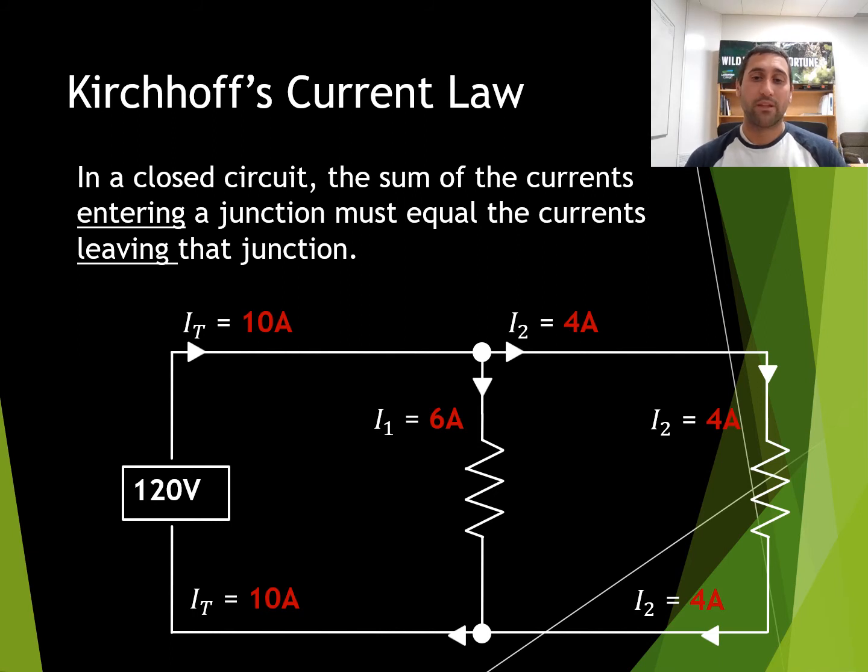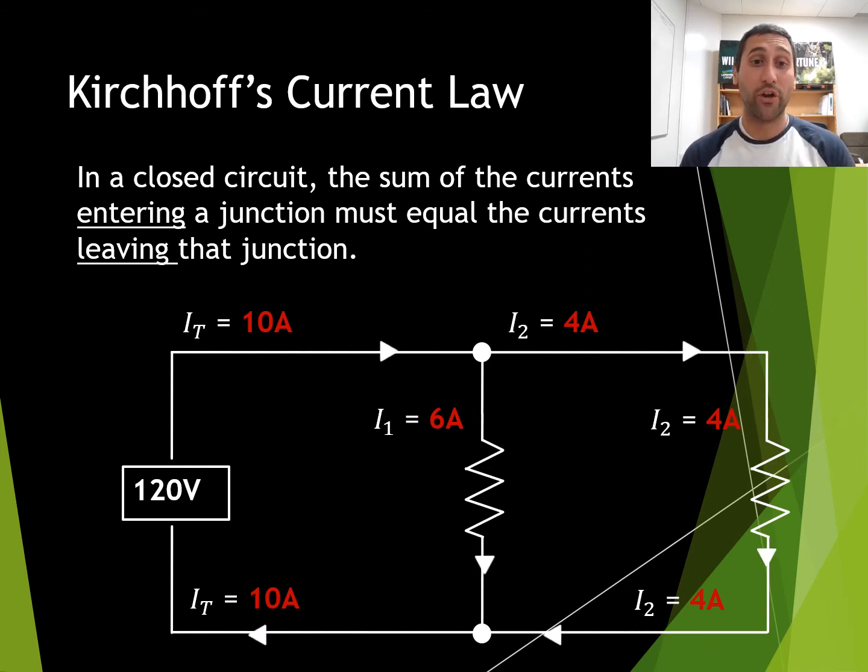So the amount of current that's entering that node, i.e. 10 amps, is equal to the current that leaves that node, i.e. 4 plus 6. You can see it going there. And if you note at the bottom of this animation, those two values of 4 and 6 come back together at another node or junction, and then we can get our I total back to 10.